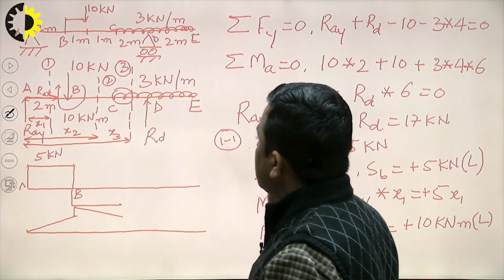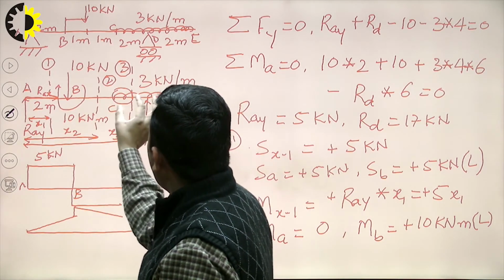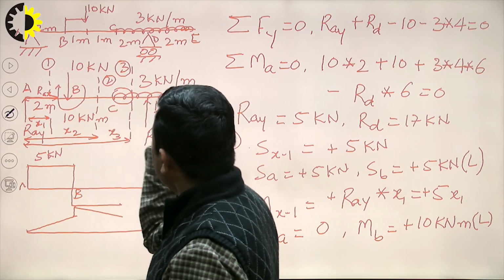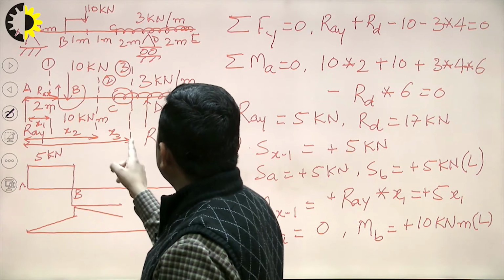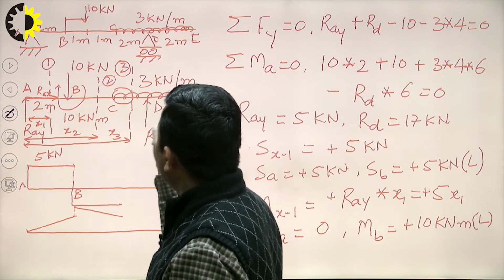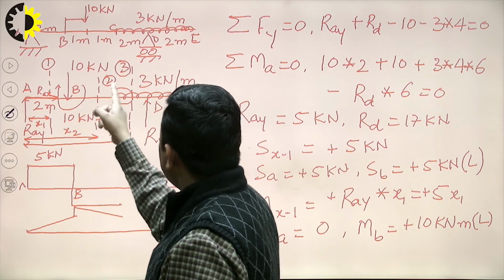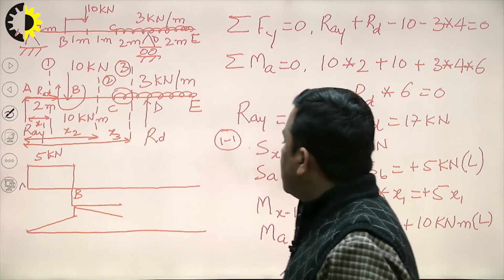So the equation will be: RAY, which is +5, then -10, and minus the UDL, 3 into length. How much is this length? From C to section plane 3. From A to the section plane it is x3, and from A to C it is 4, so the length will be x3 minus 4, the UDL portion on the left side of the section plane.